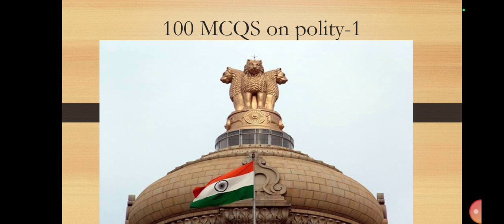Under Article 243I of the Constitution of India, the Governor of the state is required to constitute a Finance Commission every 5 years. The Finance Commission is expected to recommend the division of resources between the state and municipalities within the state. The Finance Commission is authorized by law to make recommendations with regard to grants-in-aid to panchayats from the consolidated fund of a state.